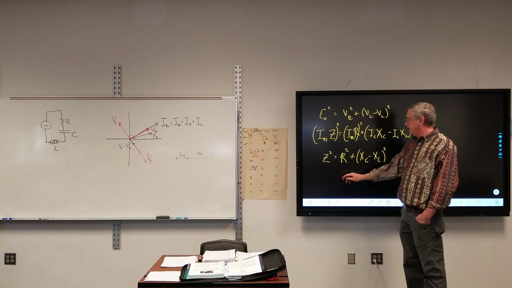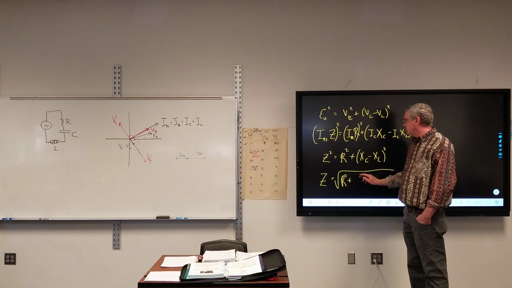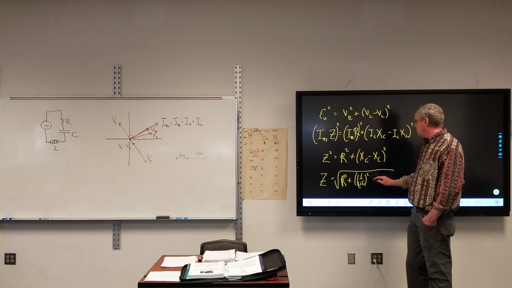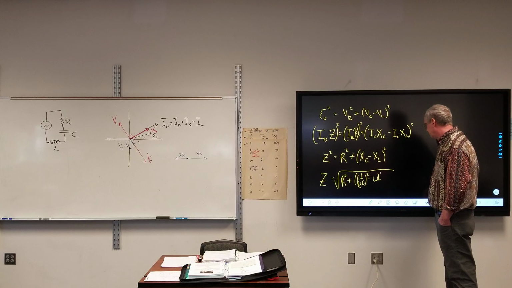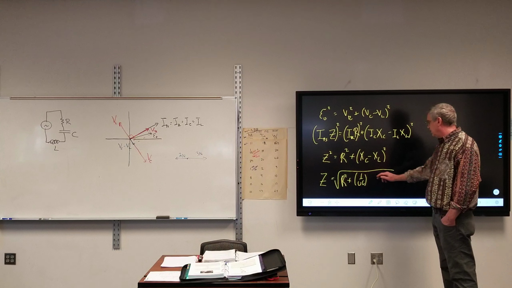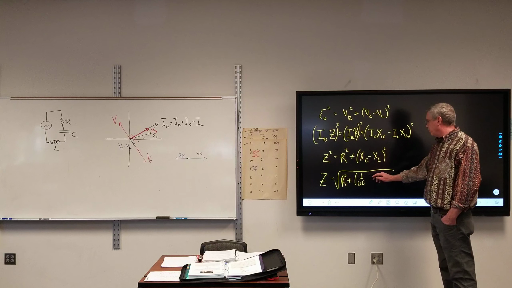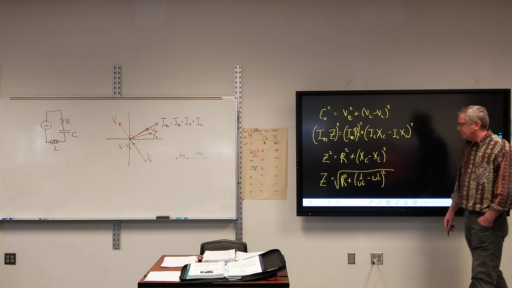So my impedance is the square root of R squared plus the difference, 1 over omega C minus omega L, squared.